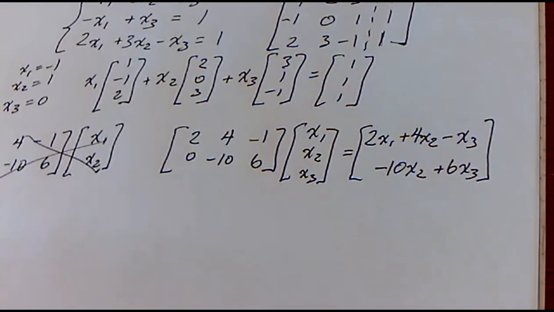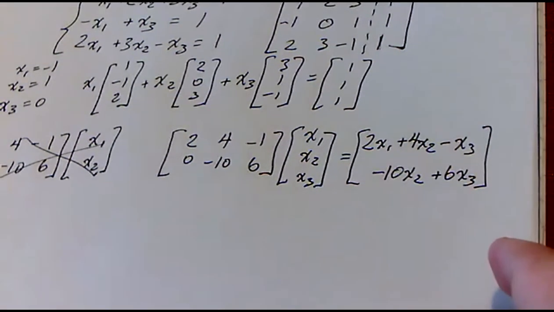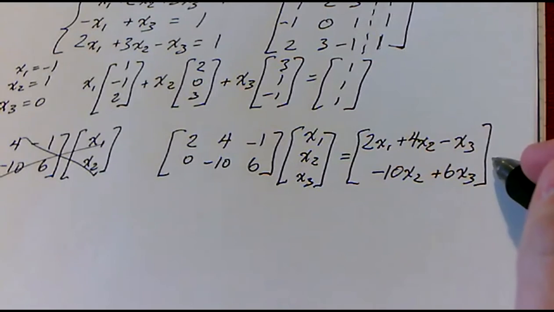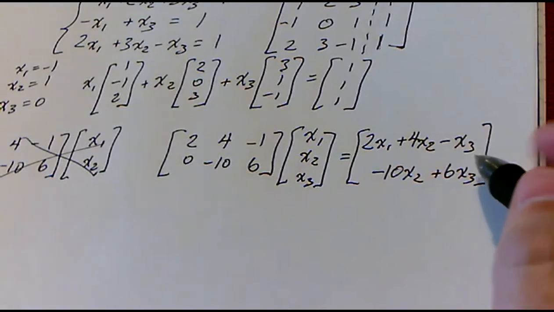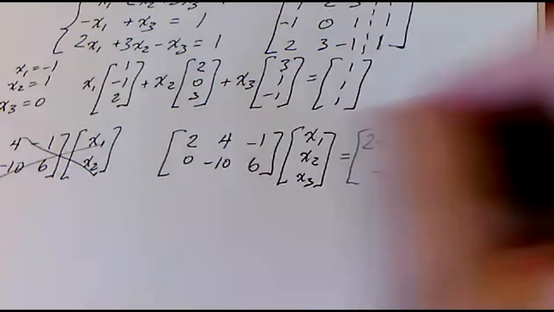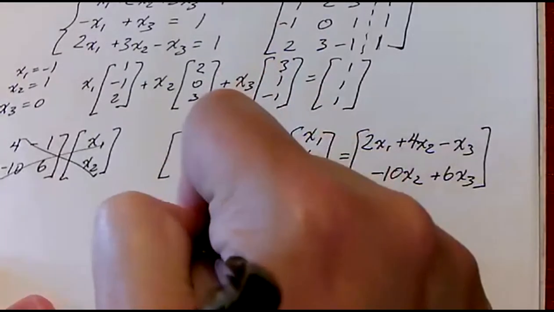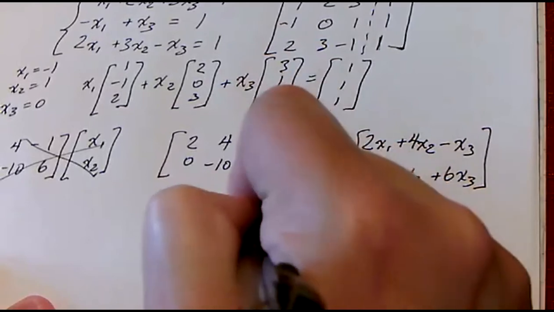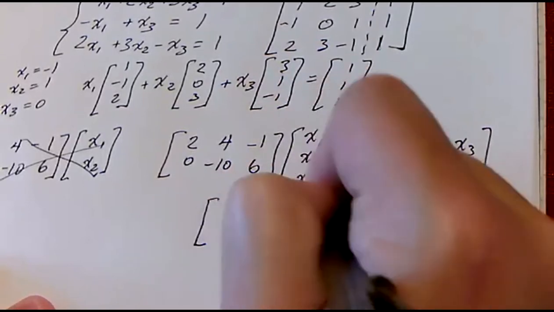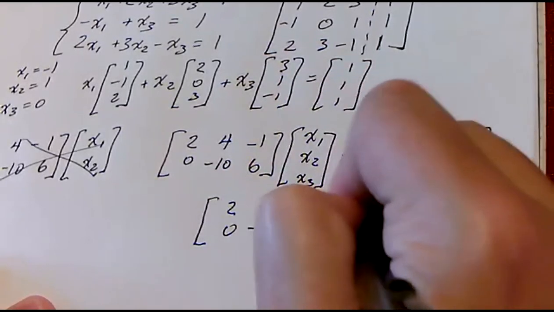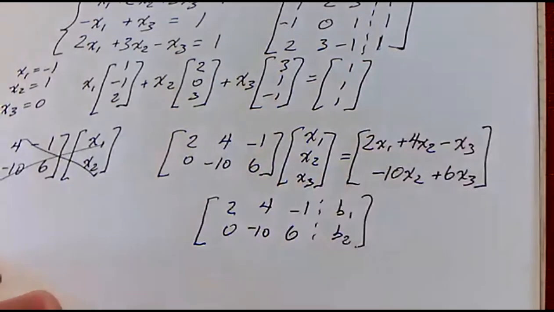Okay. And I could actually set that equal to something again and solve the system, right? So set this equal to your favorite vector, 2, 3, 4, 5, whatever it might be. Right? And then you could set up an augmented matrix, right? Our augmented matrix would have whatever my favorite vector that I put there.